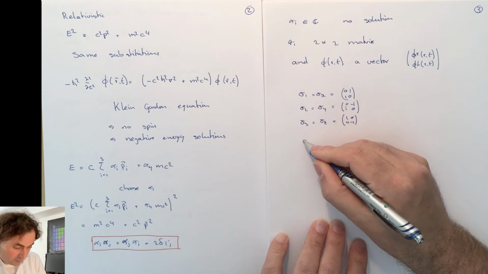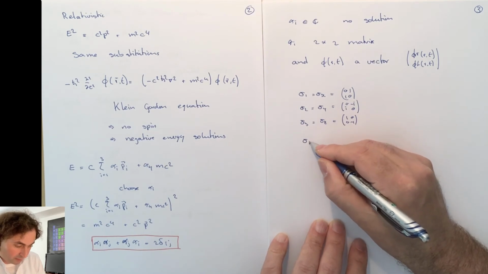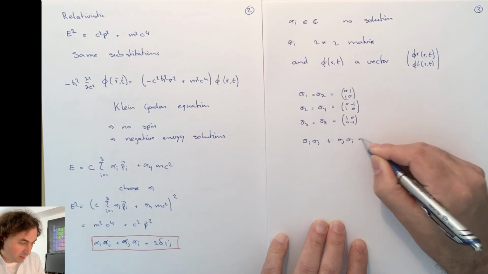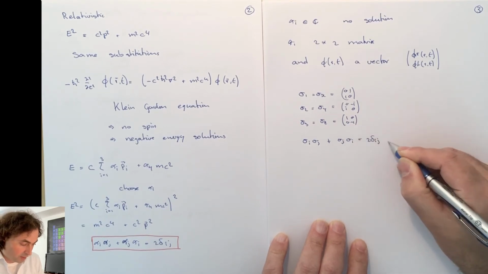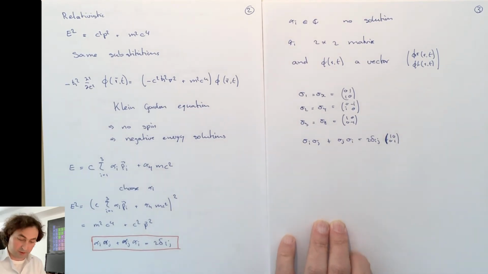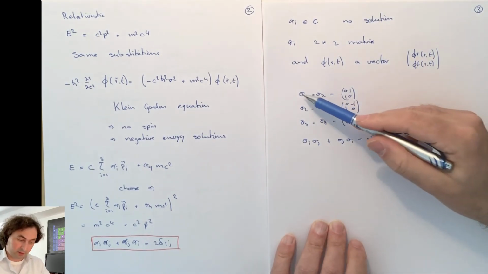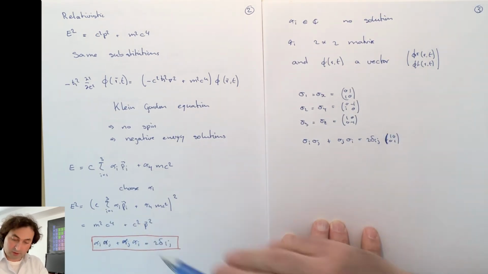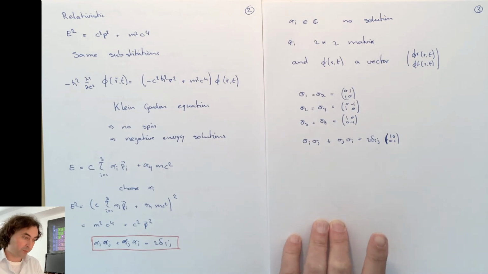And indeed, these Pauli matrices fulfill that sigma i sigma j plus sigma j sigma i is 2 delta ij times the identity matrix. So when we make alphas 2 by 2 matrices, we can fulfill this condition.